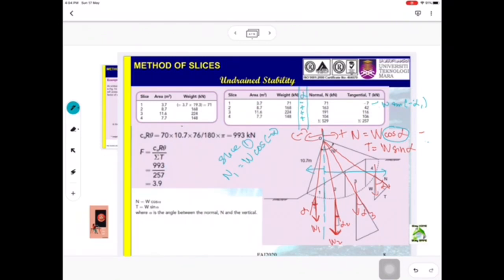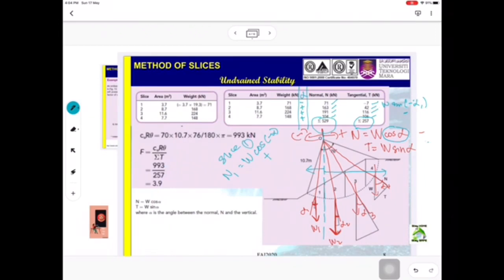Okay, cos negative alpha is positive, so that's why you get 71 here. But for W sine negative alpha, you will get negative. So get N1, N2, N3, N4 and sum. T1, T2, T3, T4 and sum.